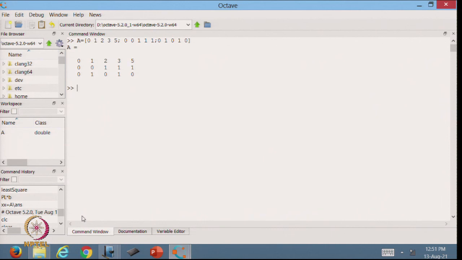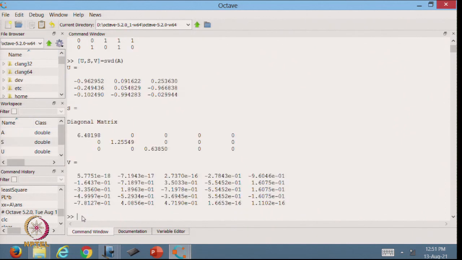Now, I can find out its SVD directly. So, this is U S V, I can write down as the SVD of the matrix capital A, and this is the corresponding SVD.